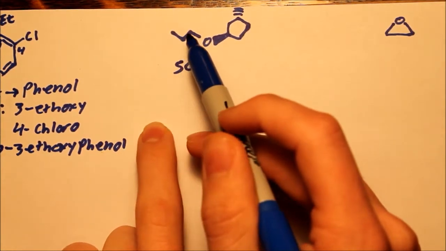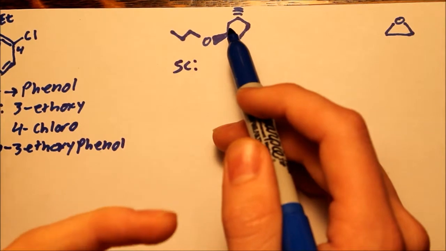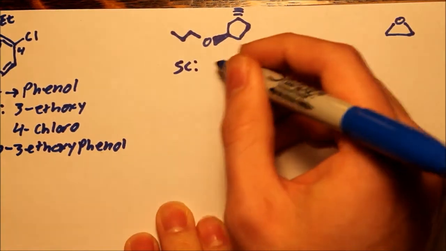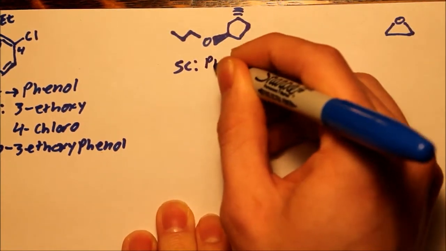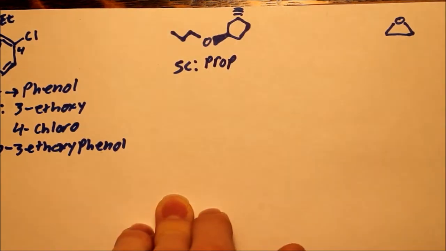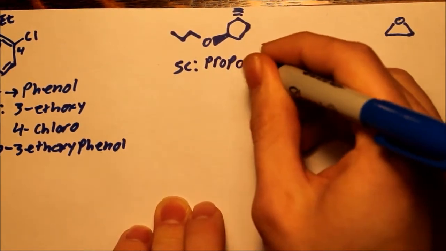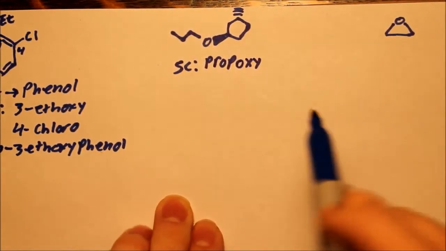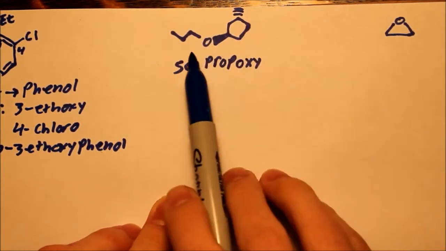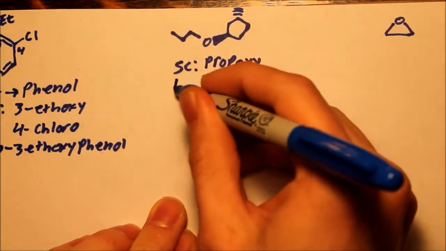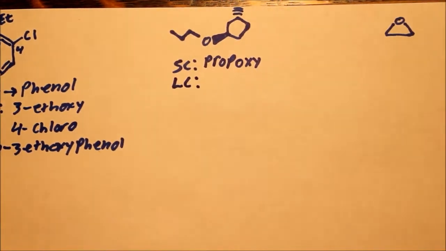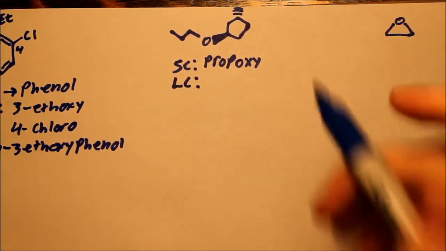So that's our prop. Yep, propoxy. So we have our propoxy. And then our long chain is a bit more complex than sometimes what we normally see. So for that, we know we have a methyl coming off of the pentane.